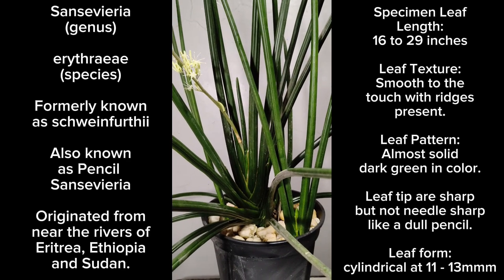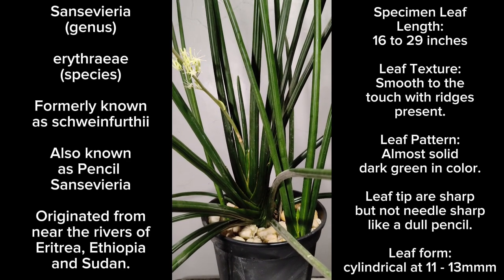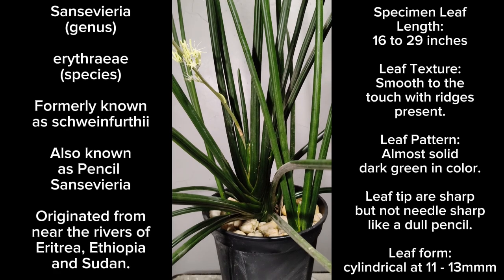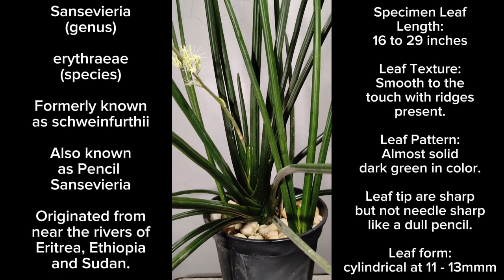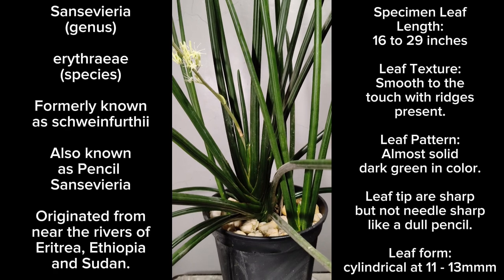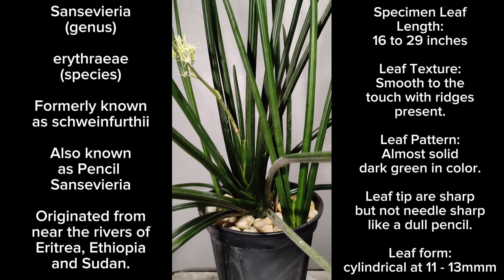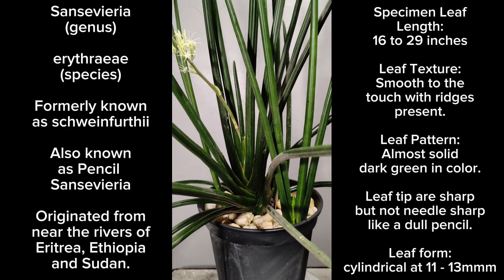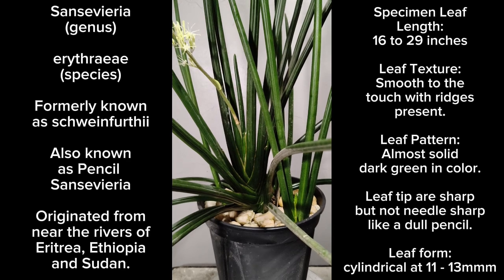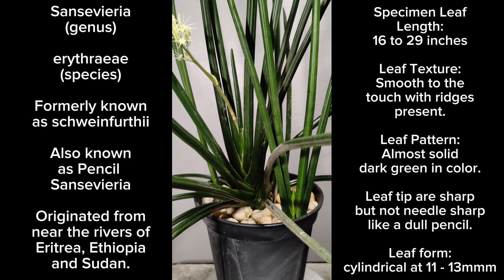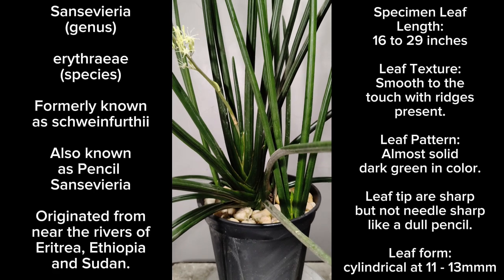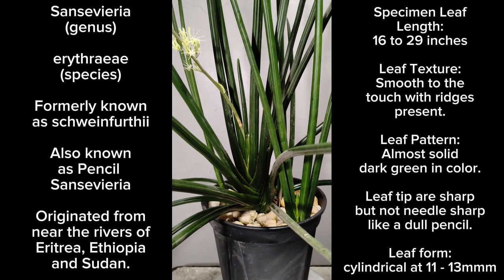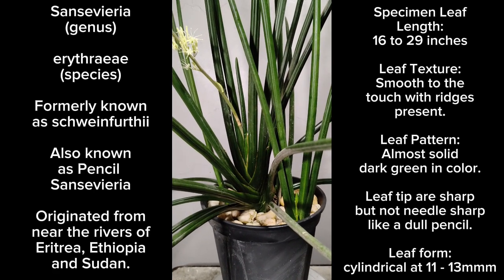So Sansevieria erythraeae, folks, is formerly known as Sansevieria schweinfurthii. That is the old name, but then it was updated to Sansevieria erythraeae. So it's kind of hard to pronounce for me. Erythraeae.